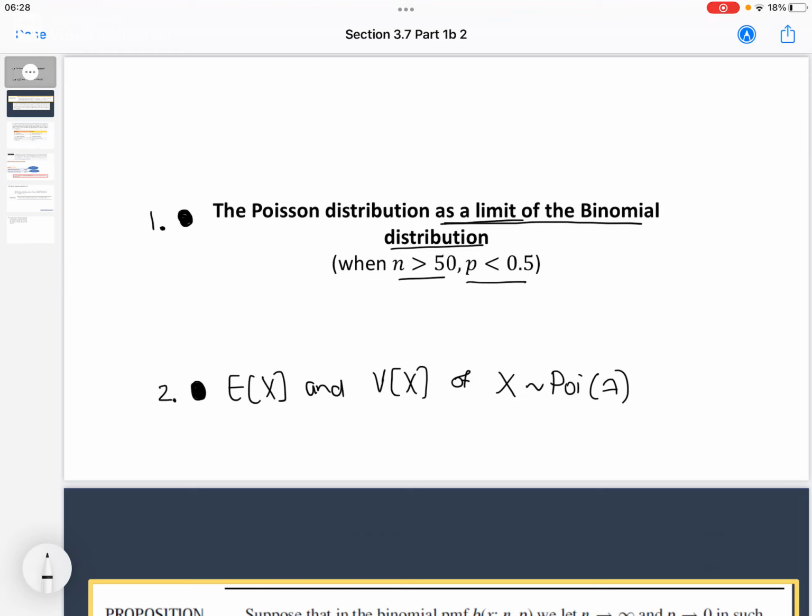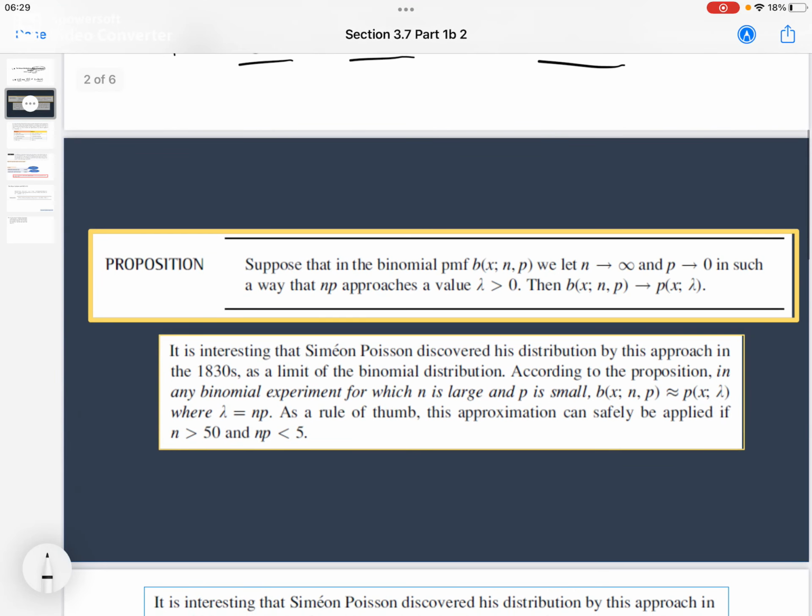And then secondly, we will look at the expected value and the variance of a Poisson random variable with parameter lambda. Okay, so we'll look at two things: the Poisson distribution as a limit of the binomial, as well as the expected value and variance of a Poisson random variable.